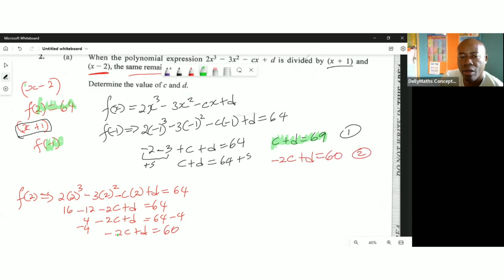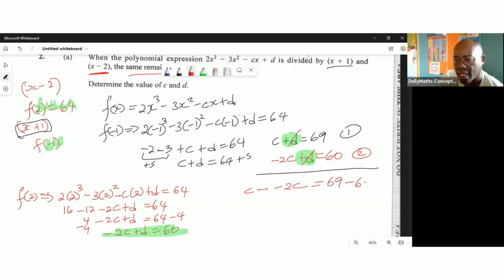So then we're going to work these out. Let us go together. If I have these two cases here, I could just simply subtract, because I am seeing where I have a common thing here, d. So all I'm going to do is subtract these two equations. So I'm going to have c minus -2c, and when I subtract, d is gone, but definitely 69 subtract 60.